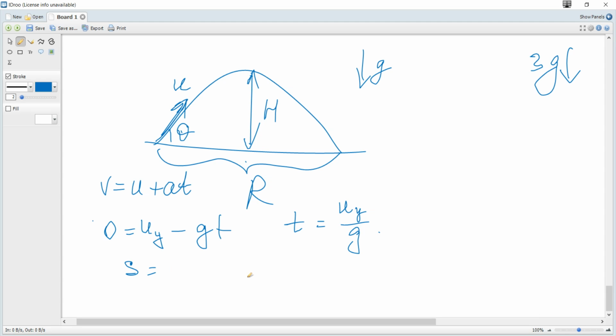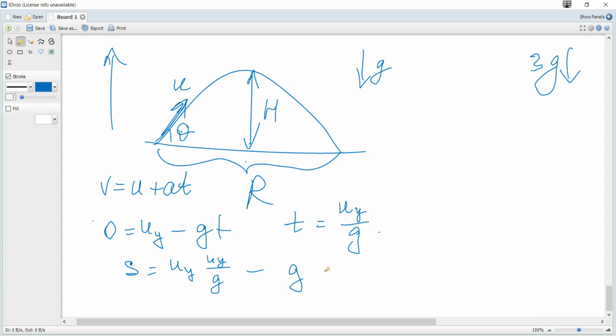It becomes uy minus g t squared, minus, because if we consider y to be upward, g is in the opposite direction, the component is negative.